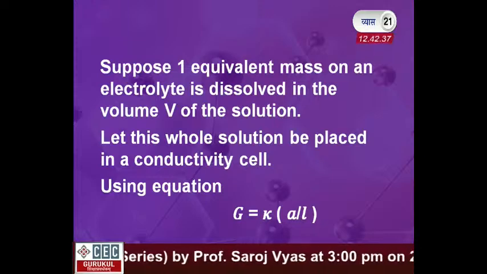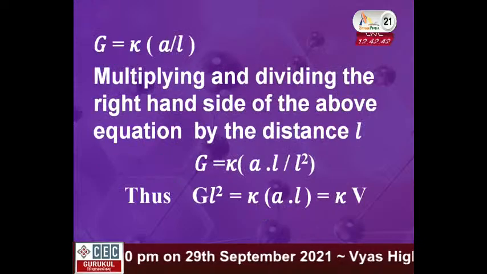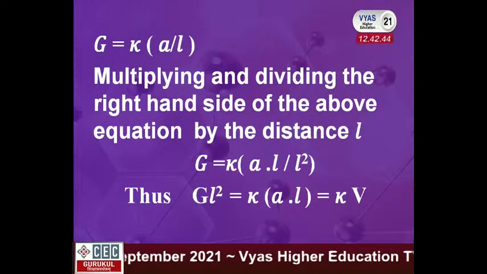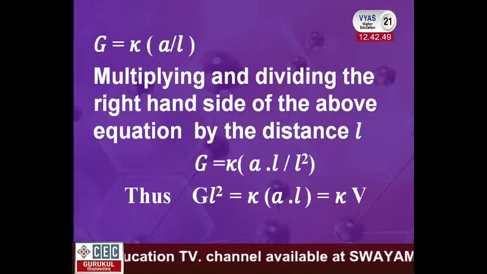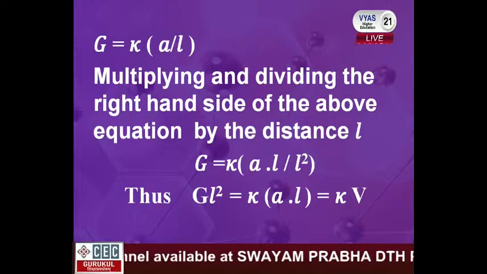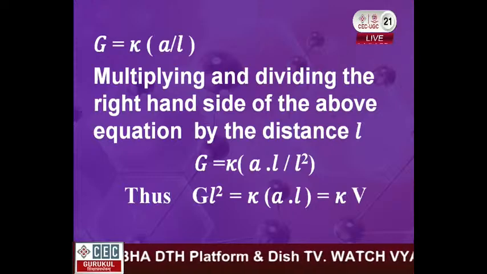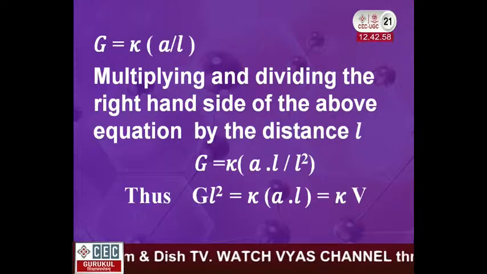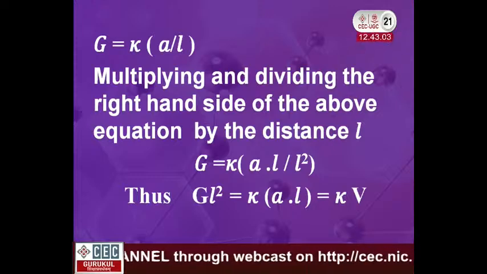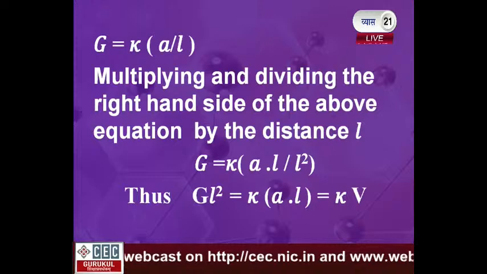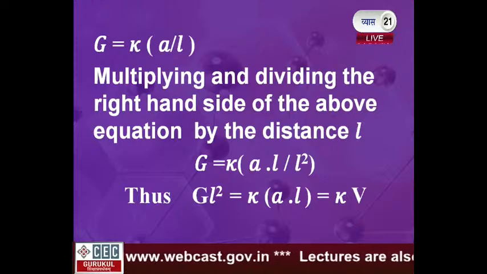So, we have to use the equation G is equal to kappa into A by L. Multiplying the right hand side of the above equation by distance L and also dividing it by distance L will make no difference, and we will be able to get the relation for lambda equivalent. G is equal to kappa into A L by L square. Thus, G L square is equal to kappa A into L.